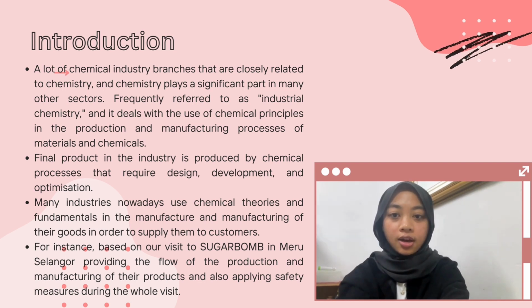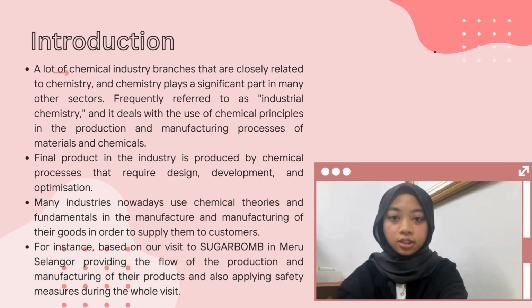There are numerous chemical industry branches that are closely related to chemistry, and chemistry plays a significant role in many other sectors. Hence, this is frequently referred to as industrial chemistry, and deals with the use of chemical principles in the production and manufacturing processes of the final materials and chemicals.